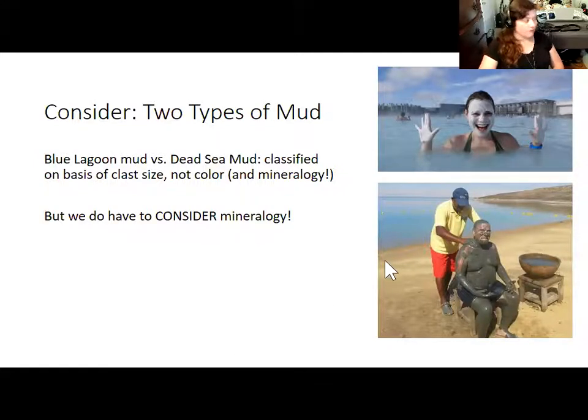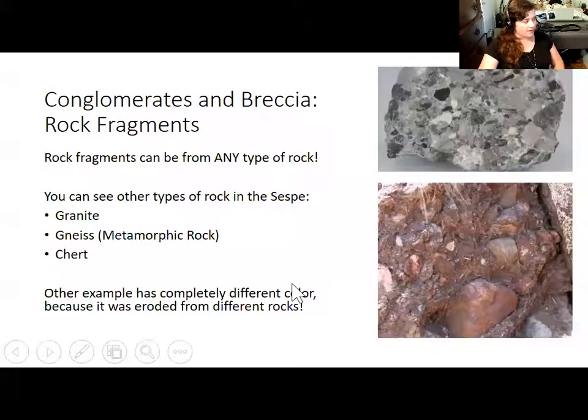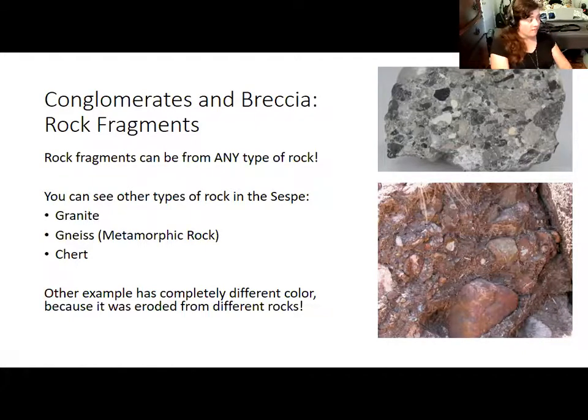Yeah. Cool. And it's something you can really see easily with conglomerates, because it's very easy to see the rock fragments still. And you can see that some are going to be full of mafic and volcanic rocks. Some are going to have a lot of pieces of other sedimentary rocks. Some are going to have bits of metamorphic rocks, which are the one type we haven't really gone over yet.